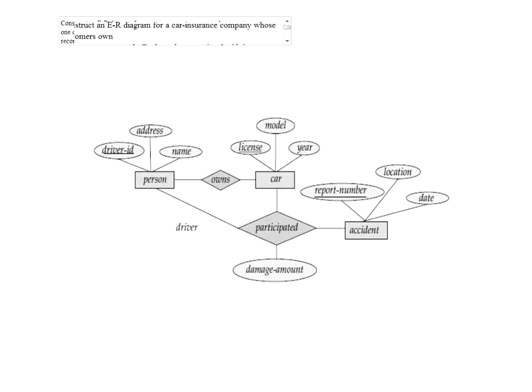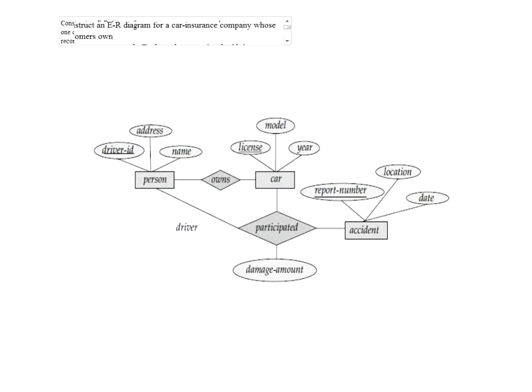Now, I said each car is associated with zero or any number of accidents. So from the car side, car participated in accidents.